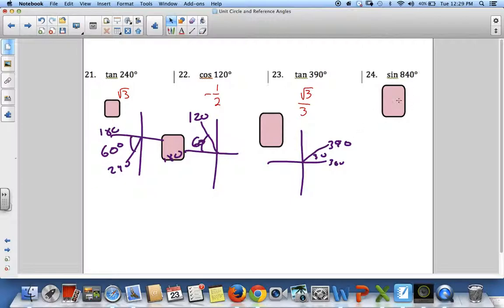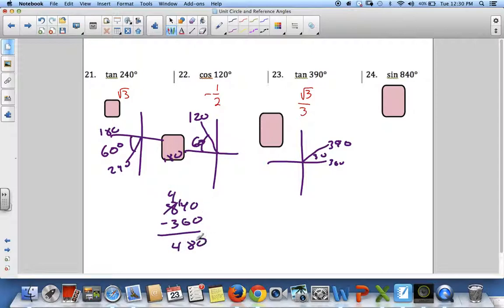840, I've got to figure out what that's going to be, so I'm going to start off by getting an angle between 0 and 360, which is probably easiest. So 840 minus 360, that's going to be 480. Then I'm going to subtract another 360 and get 120. So it's the same as 120. 120 is going to be right over here.